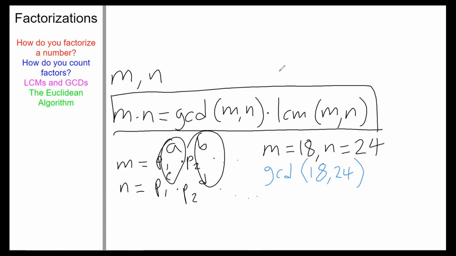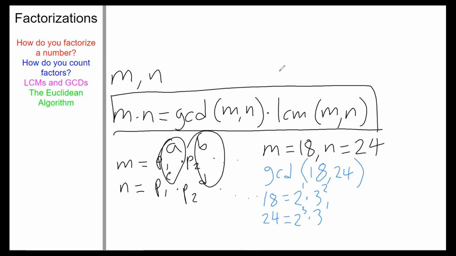Well, if we follow what we did before, 18 is equal to 2 to the first power times 3 squared, or 2 times 9. 24 is equal to 2 cubed times 3 to the first, which is 8 times 3. Remember, when we're doing GCDs, we always take the least exponent.